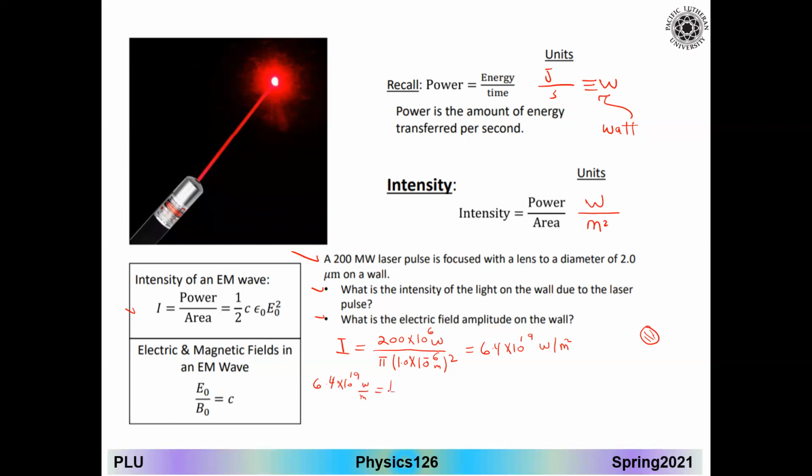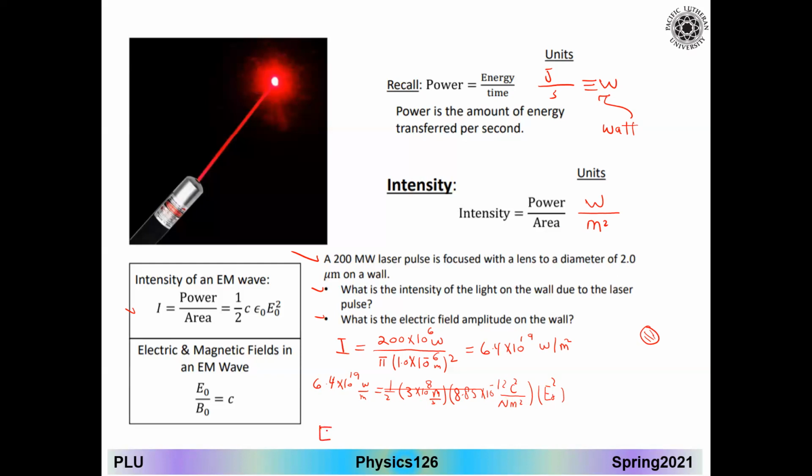And this one is equal to a half multiplied by constant C, 3 power to the 8 meter per second, times epsilon 0, which is 8.85 power to the minus 12 coulomb square in Newton times meter square. And this one times the square of the E0 square. So we're gonna divide by this entire number here, and then we take the square root of this value.